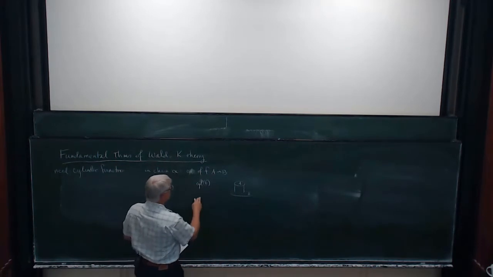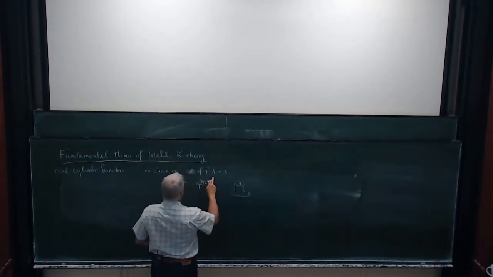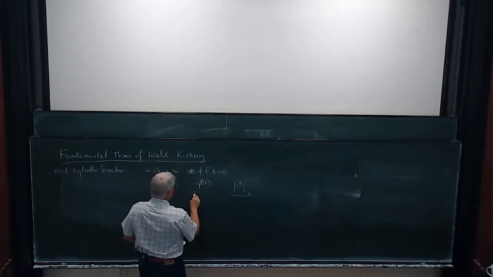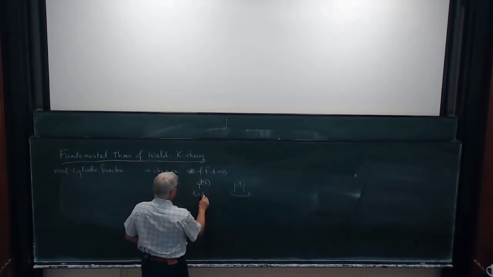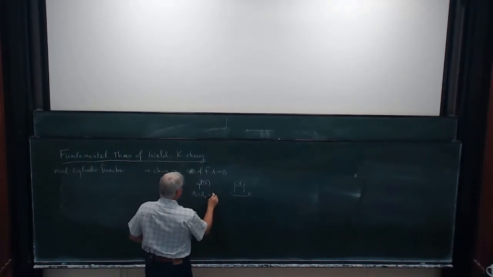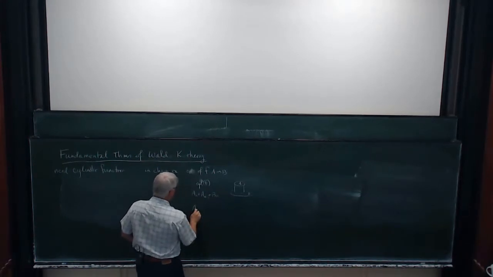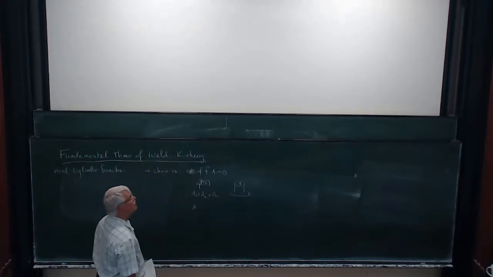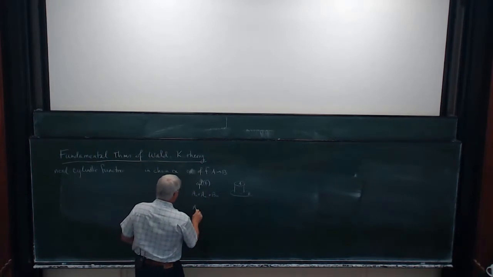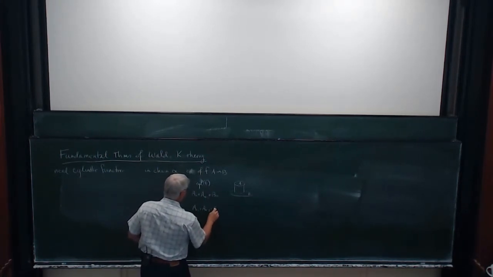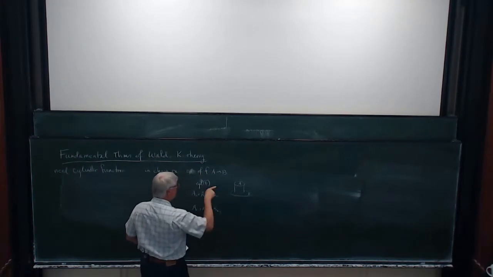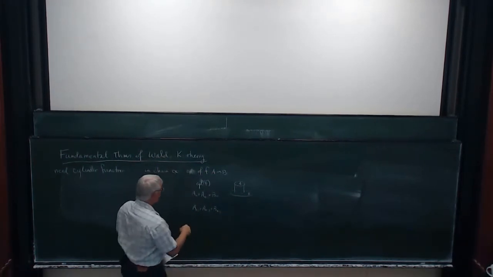And the cylinder in chain complexes is A_n plus A_{n-1} plus B_n, and then A_{n-1} plus A_{n-2} plus B_{n-1}, so that my differentials are going down.